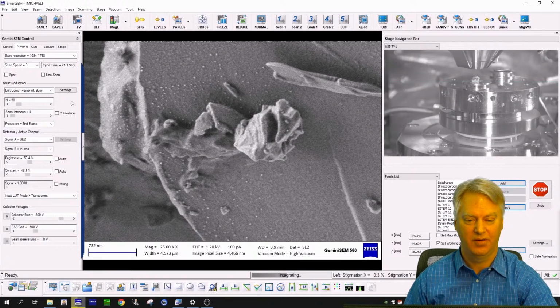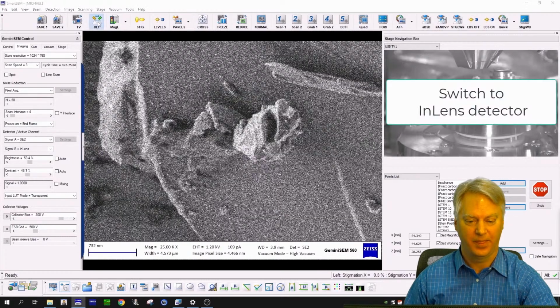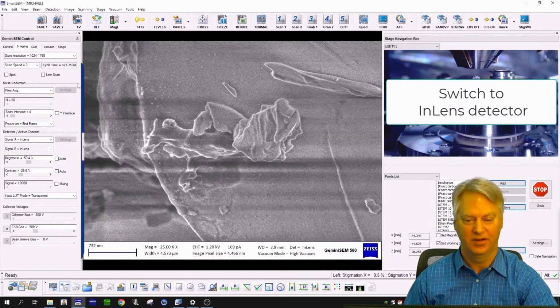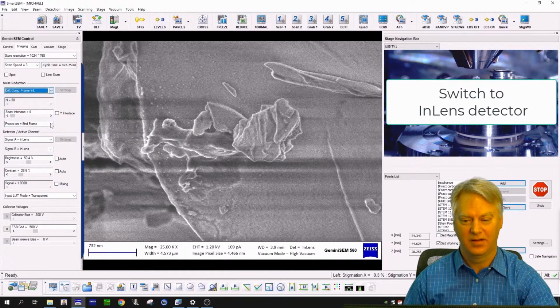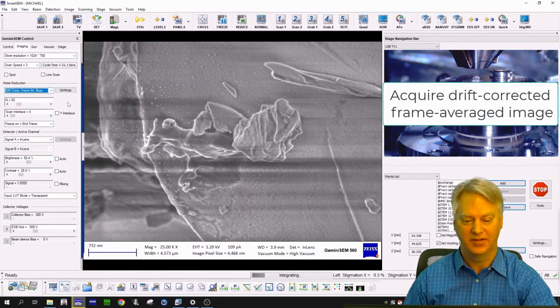It's a pretty nice image with nice topography. You can see the little breaks and cracks and crevices of everything on the surface. And if we did the same thing with the in-lens, we're seeing all this streakiness. So that's the whole point of trying to get past that.